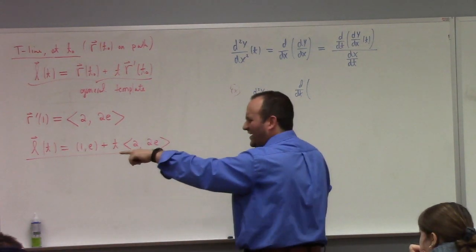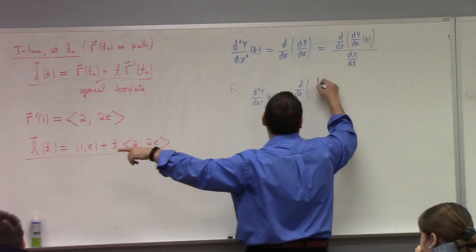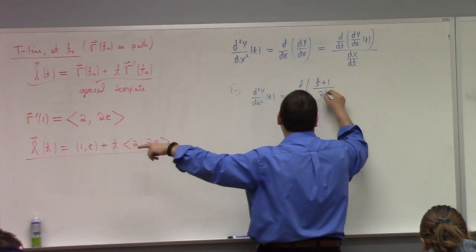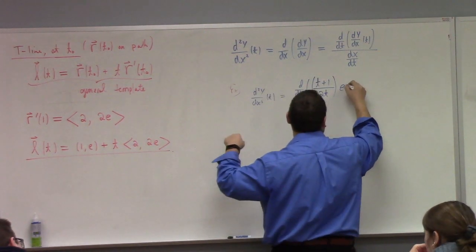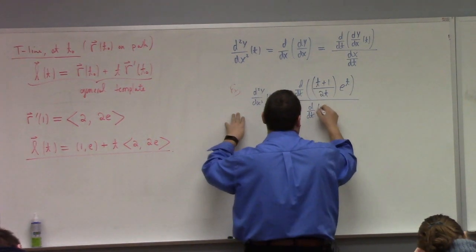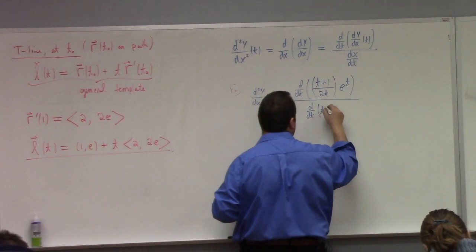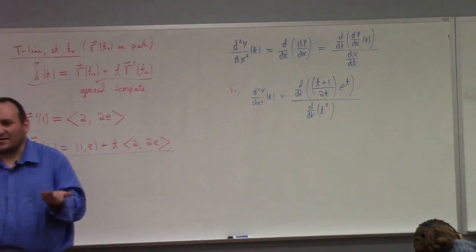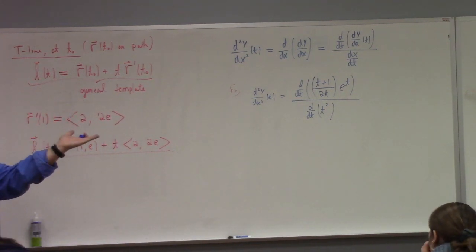So t plus 1, oh goodness gracious, what's wrong with me? Divided by 2t, that times e to the t, right? And then you got to divide by d dt of x, which was t squared, yeah? I'm not going to do it, but that would be d squared y dx squared as a function of time.